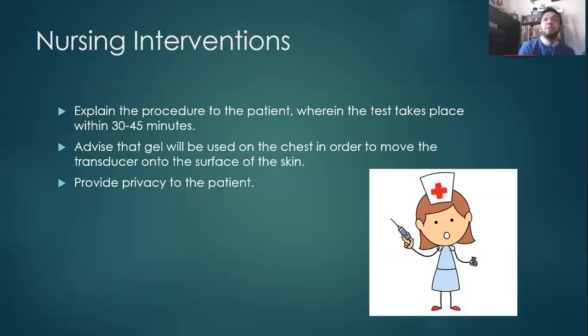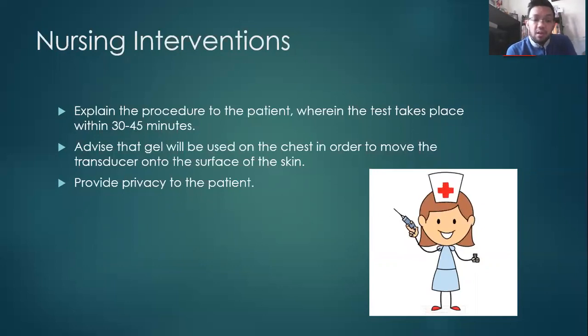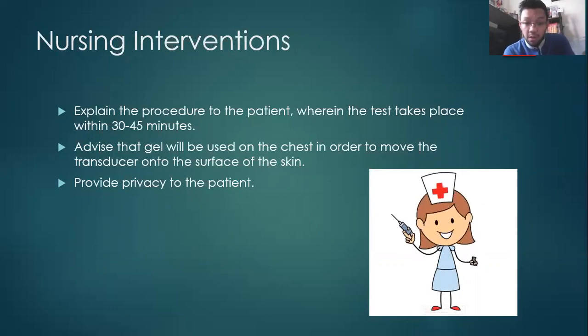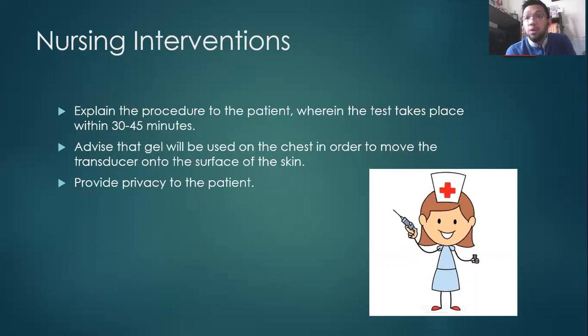And most especially if the patient is a female, since this is done over the chest of the patient, we need to provide privacy for the patient. So it's a closed curtain procedure. So make sure that the drapes or the curtains are closed, in order to provide privacy to the patient.